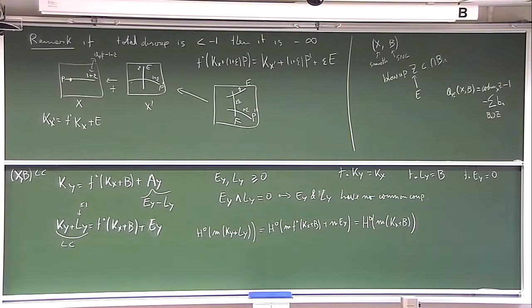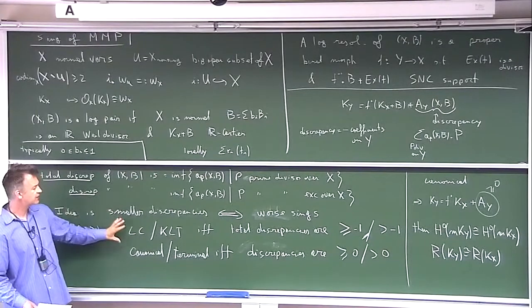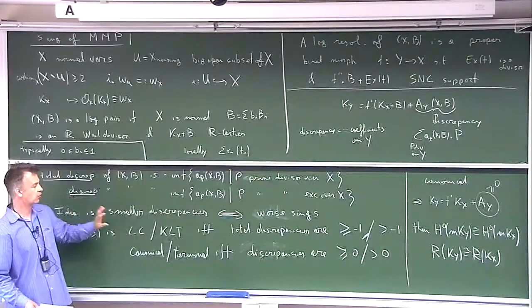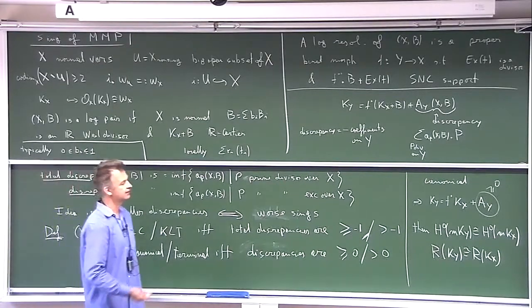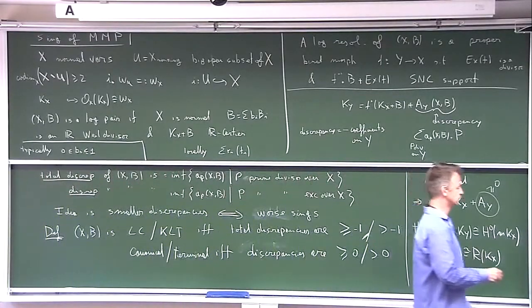I've already mentioned that the definition is remarkably simple. You just have to look at one log resolution. So log canonical and KLT can be checked on a single log resolution.